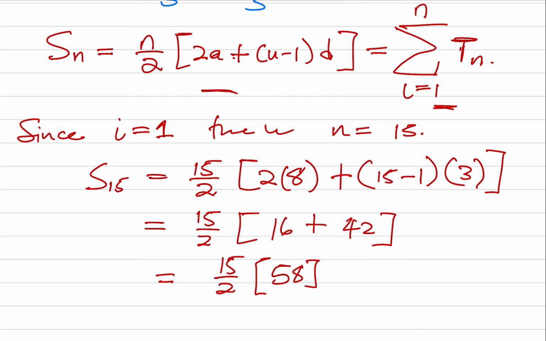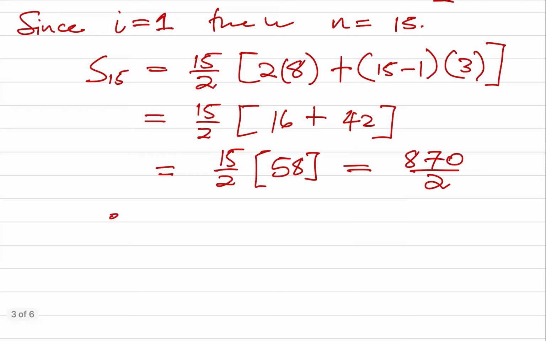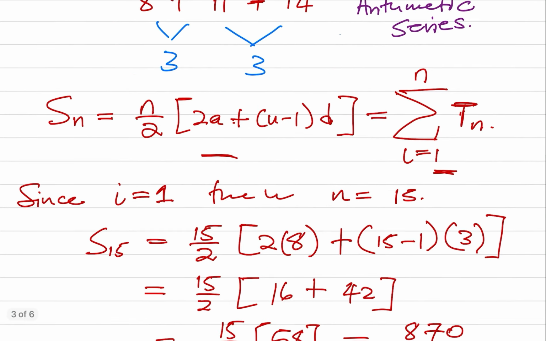Now I'm just going to say 15 times 58, it will be 870, divided by 2. So therefore our Sn, or sum of 15 terms, will be 435. It's just 435 there.